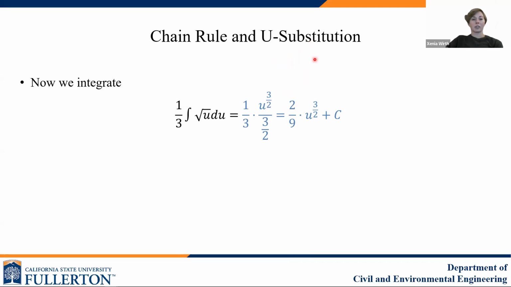So u to the 3/2 divided by 3/2 is the actual integration of square root of u. We have the 1/3 in the front, so we still have to worry about that. But this is the integral, and now we simplify. So 1/3 times 2/3 is 2/9, u to the 3/2 plus c. This would be the expression for the indefinite integral of square root of u du.